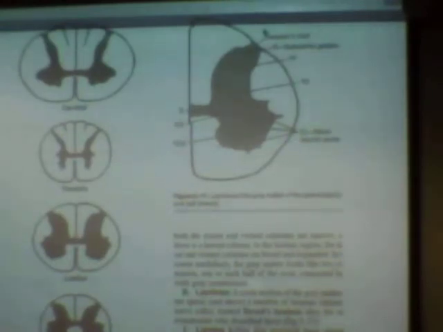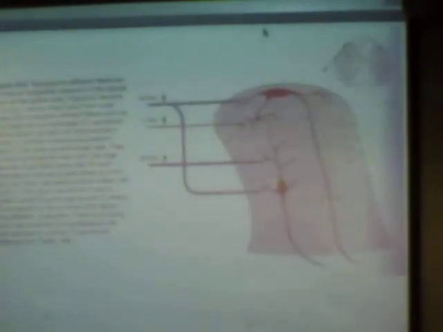Now, bear that in mind when we look at this diagram. This is our pain fibers. Remember we have two basic pain fibers coming in: the A delta fiber and the C fiber. The A delta is also called type 3. C fibers are type 4.